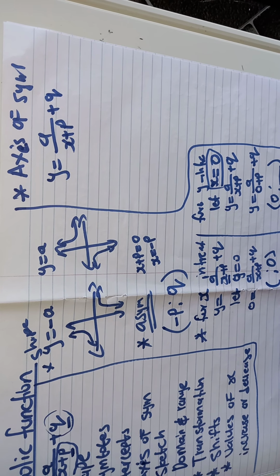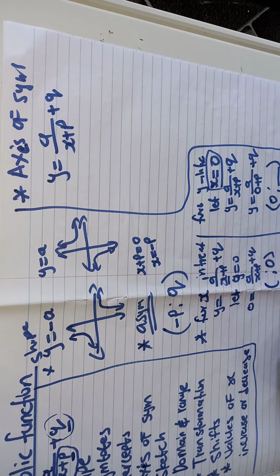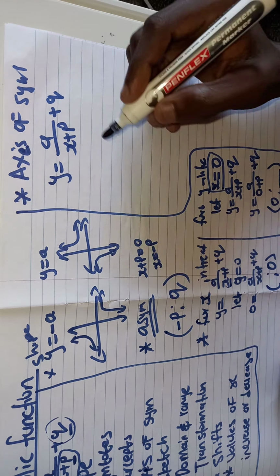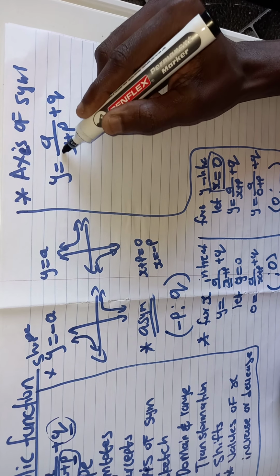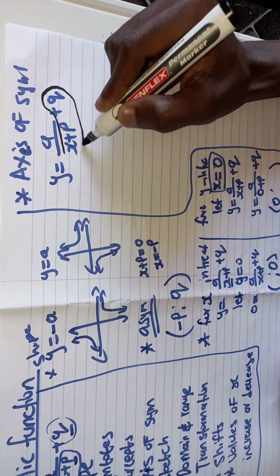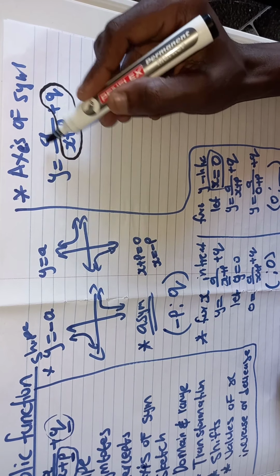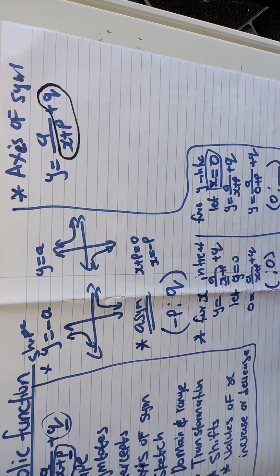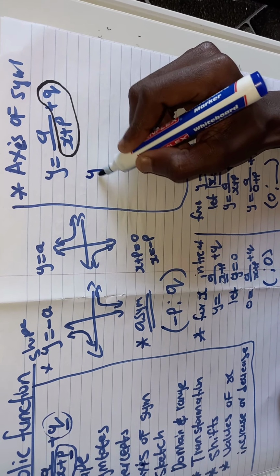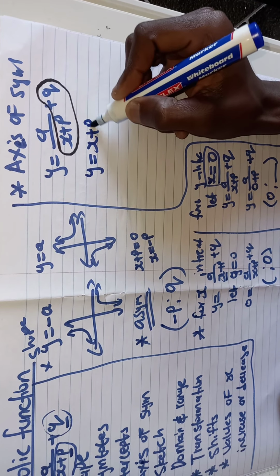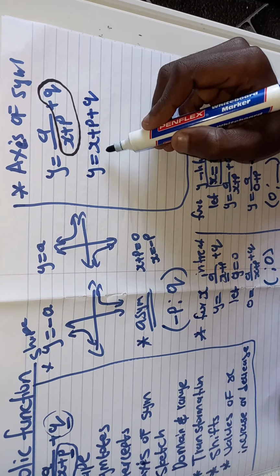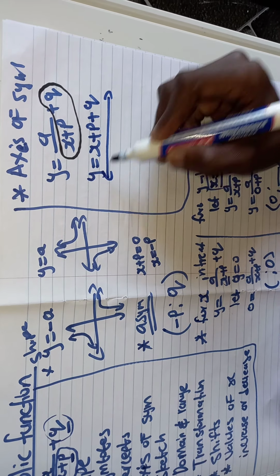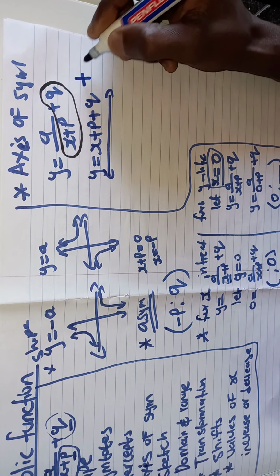Okay, when we are looking for axis of symmetry, we're gonna focus on this part. Let me just use different markers so that you can see what I'm talking about. You see this portion, which means this a value, we don't need it actually, so we just throw it away. So we're gonna have y equals x plus p plus q with positive gradient, and that's your equation now, axis of symmetry with positive gradient.